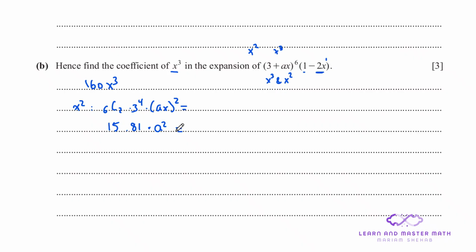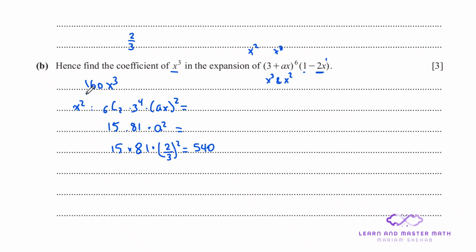The a we found in the previous part was 2 over 3. So substituting a by 2 over 3, we will get 15 times 81 times (2 over 3) squared. If you calculate this, you will get 540.